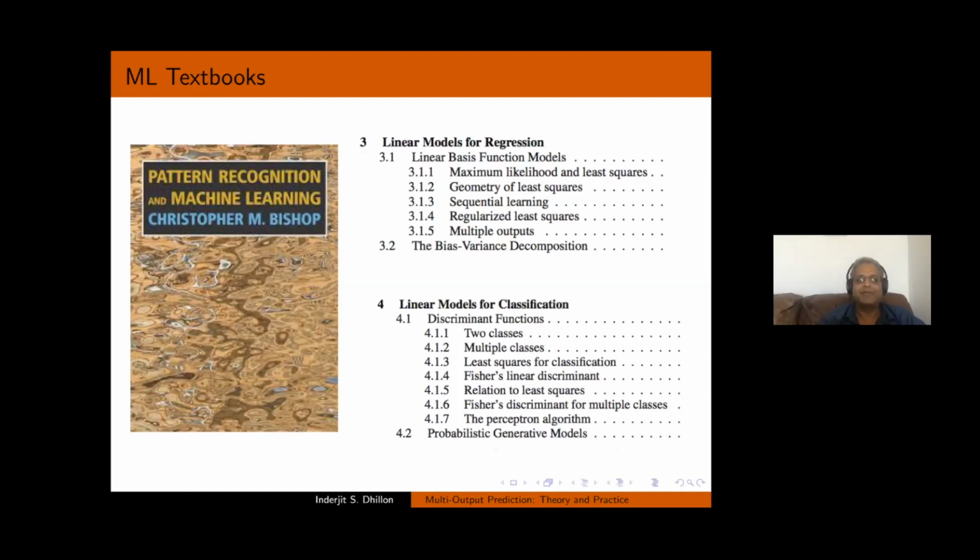Chapter 3, linear methods for regression, chapter 4, linear methods for classification. Again, most of the treatment is about the single output case, but there is a small subsection for multiple outputs. And below, there are also multiple classes, but generally the number of classes is pretty small.